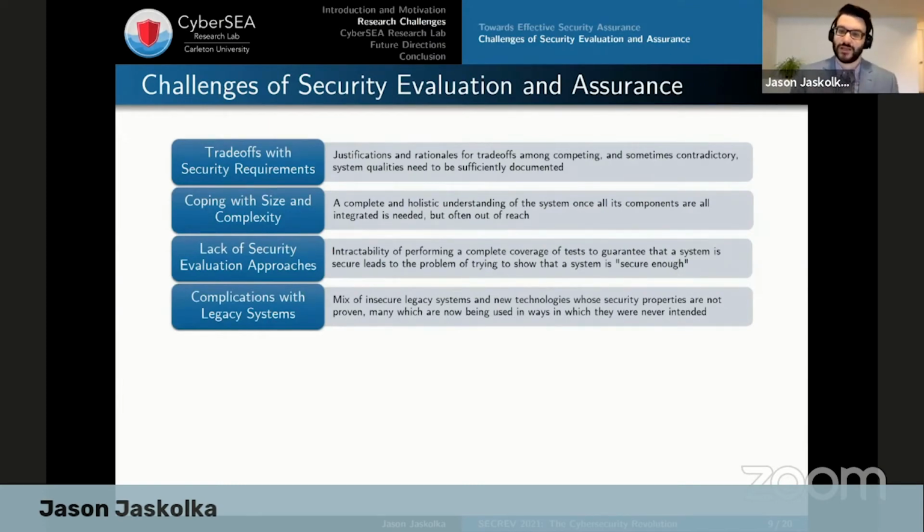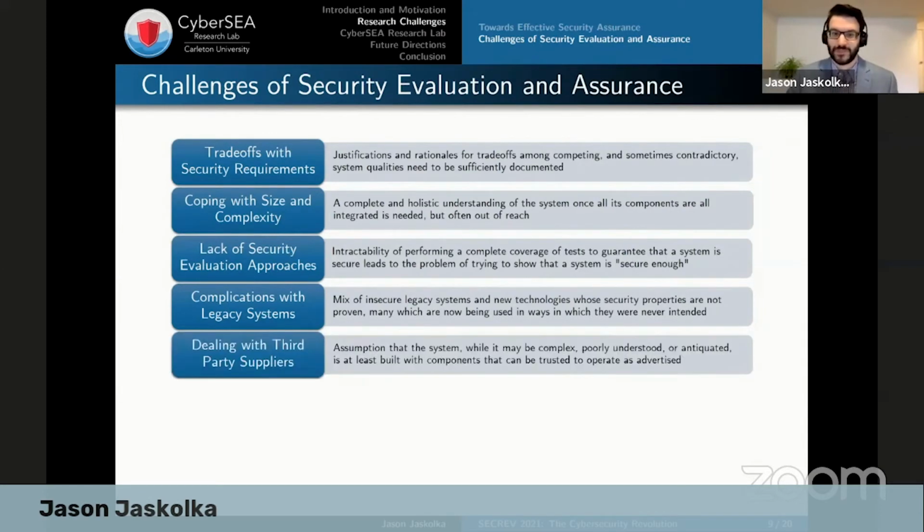So the mix of insecure legacy systems in critical infrastructures and the addition of these new technologies as these systems become more modernized and digitalized means that we have these new technologies whose security properties are perhaps not yet proven, being used in conjunction with these legacy systems. And these legacy systems are now being used in ways in which they were never, ever intended.